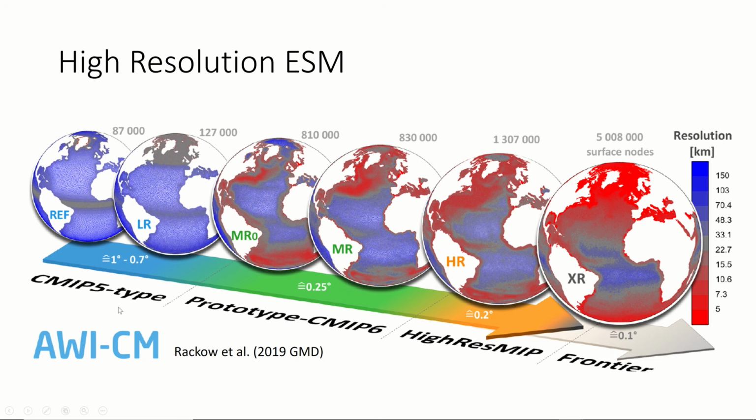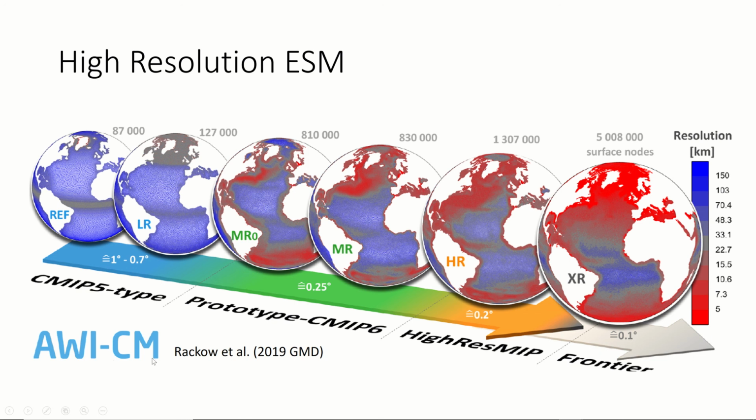This is generally a CMIP type of model, the prototype for the CMIP6 type of model, like those medium resolutions. And then this is a high resolution for the HighResMIP, and you can have even smaller, like 0.1 degree.